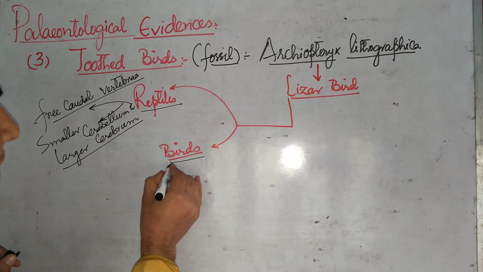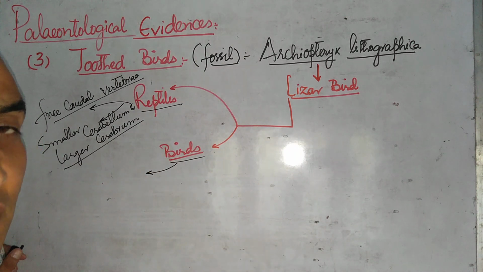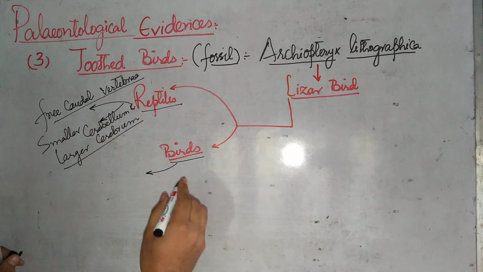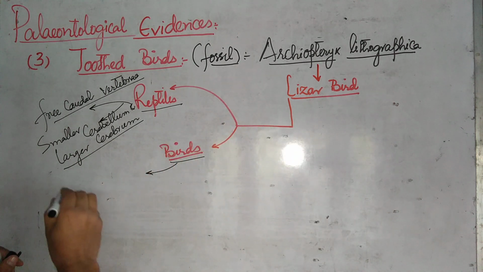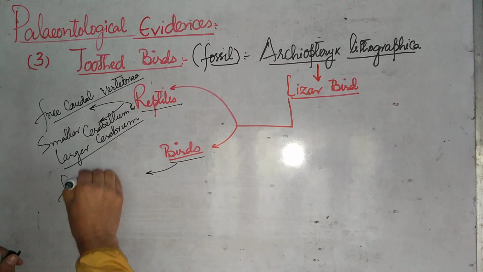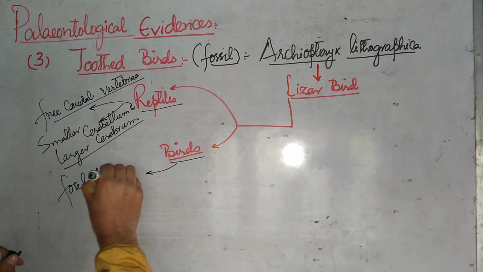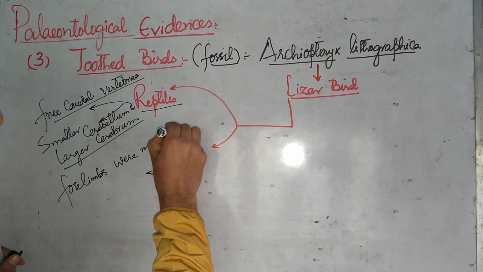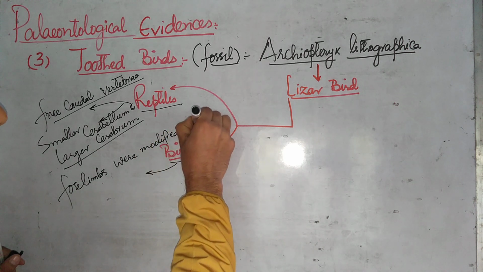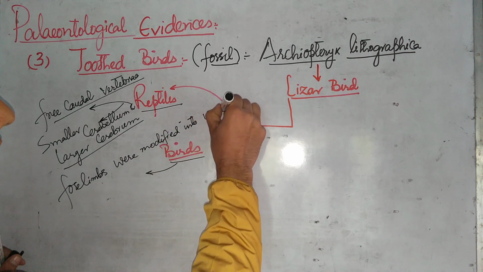Some avian characters of this fossil bird, or lizard bird, are that the forelimbs were modified into wings. It is a typical avian character.